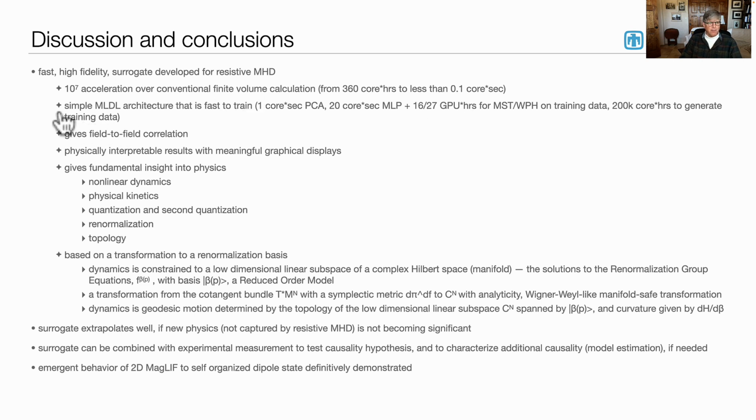This is a simple ML-DL architecture that is fast to train. It took 1 core second to do the principal components analysis, 20 core seconds to train the MLP, 16 to 24 GPU hours to do the MST or the WPH on the training data, and I've already discussed 200,000 core hours to generate the training data.